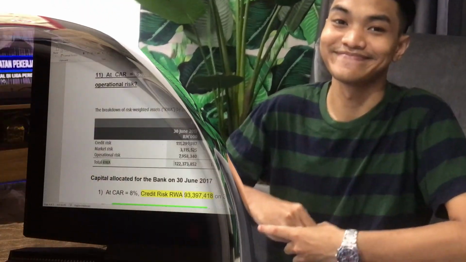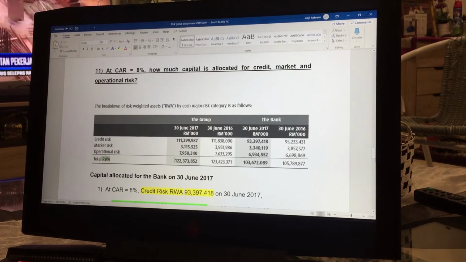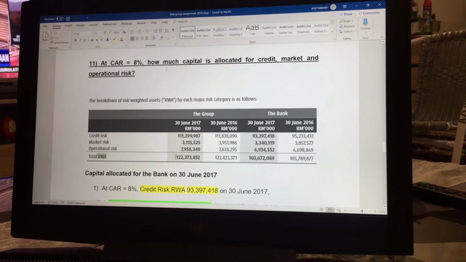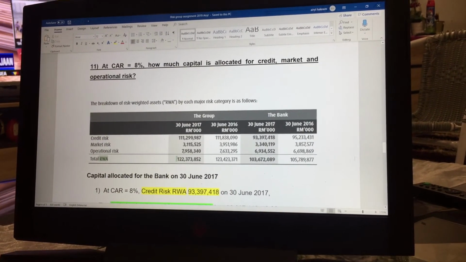Okay, right now I will be explaining the last question, which is question number 11. At a capital adequacy ratio of 8%, how much capital is allocated for credit, market and operational risk?